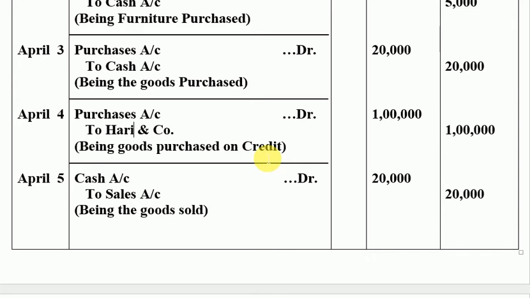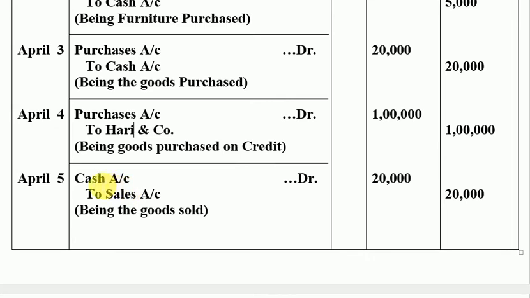Got it? Now comes the next transaction, that is on April 5th sold goods against cash. So the entry will be cash account debit to sales account amounting to rupees 20,000. By selling the commodities, we are getting money or cash.